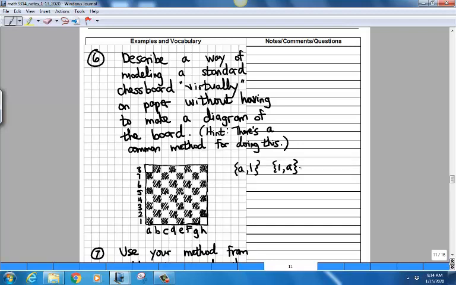Because that gives you the same information, the same position. Now, the columns here are called the files, and the rows in chess are called the ranks.